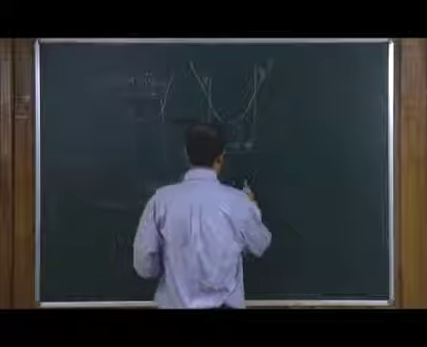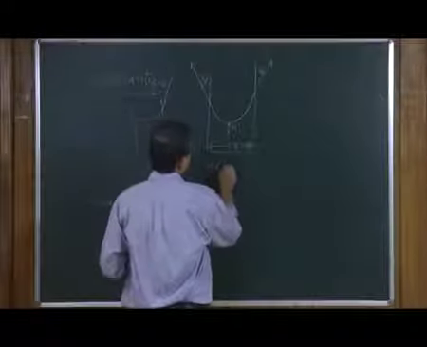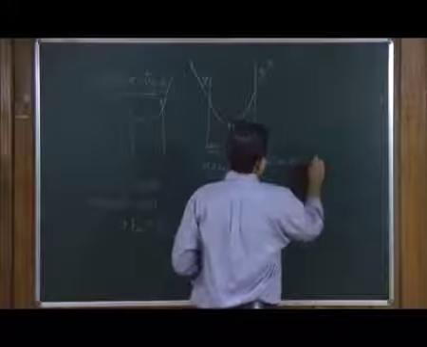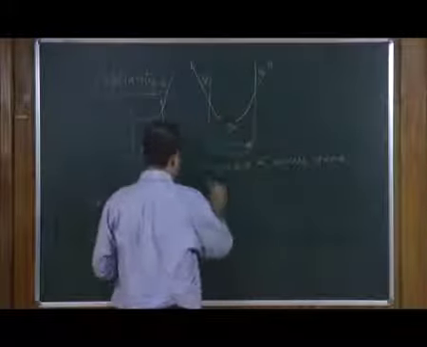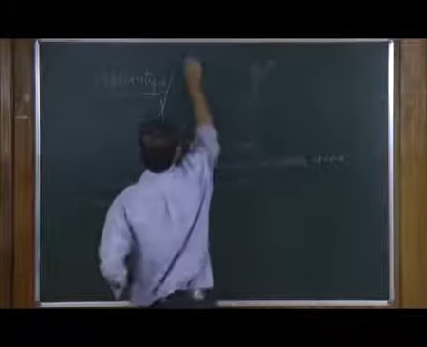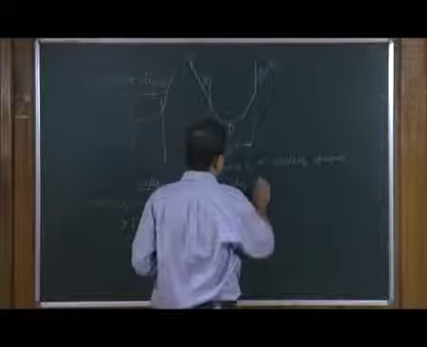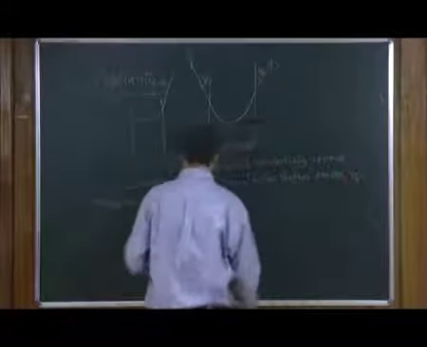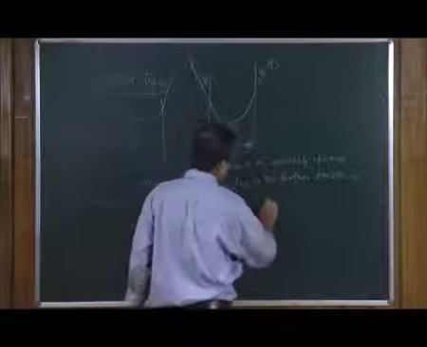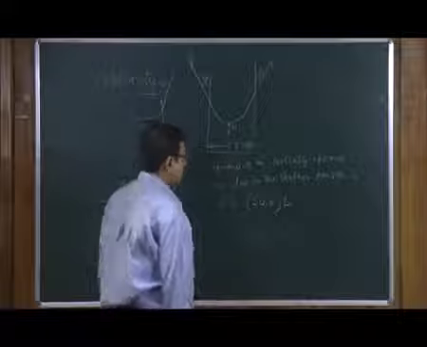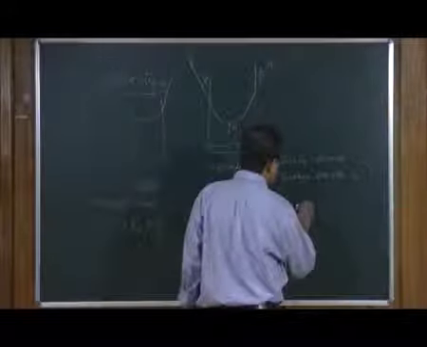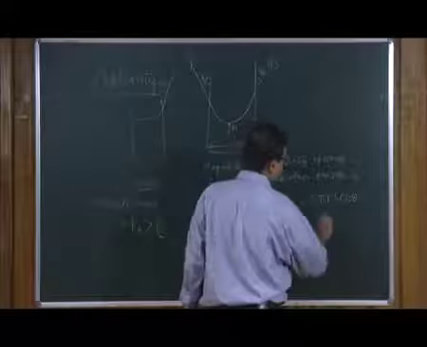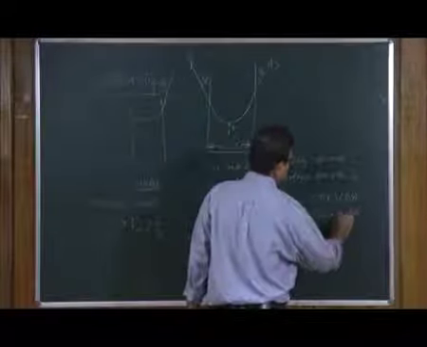So, the magnitude of the vertically upward force due to the surface tension is f equals s cos theta into L, that is the definition of surface tension, and L is equal to 2 pi r, so it is equal to 2 pi r s cos theta.